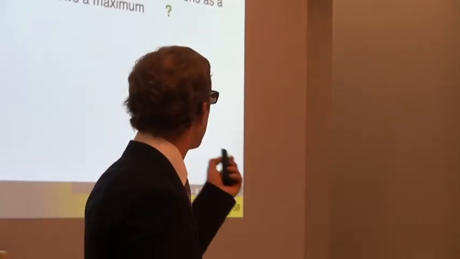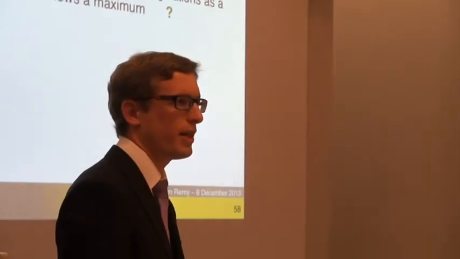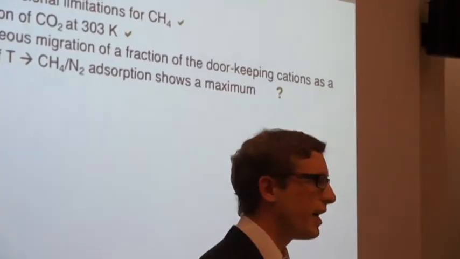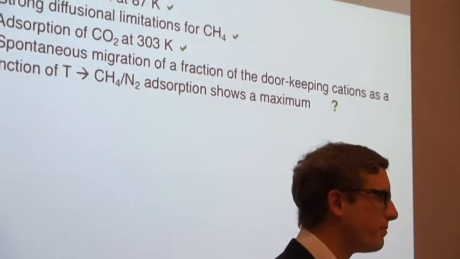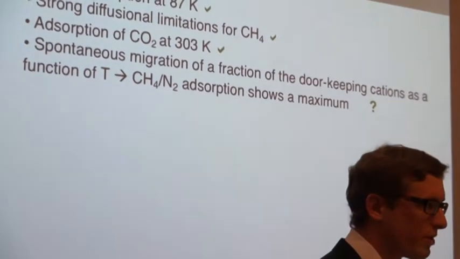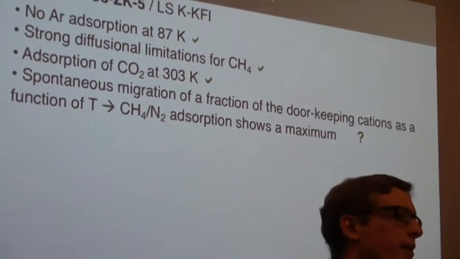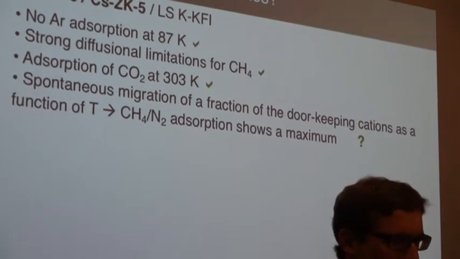Now, is one of my zeolites a trapdoor zeolite? I first checked it for the rubidium and the cesium ZK5 zeolites. And for them, you see no argon adsorption at low temperatures, strong diffusion limitation for methane, and still CO2 adsorption.